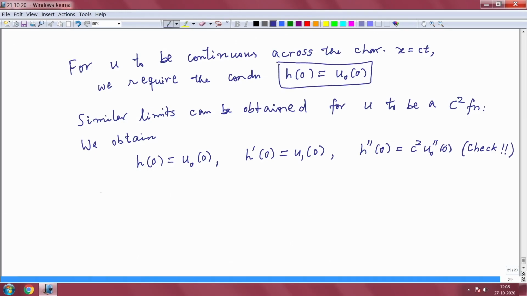So, these are called compatibility conditions. These are required for the smoothness of the solution.